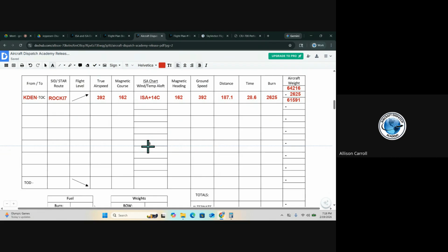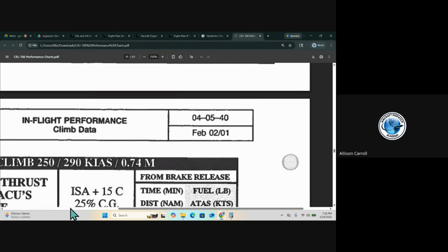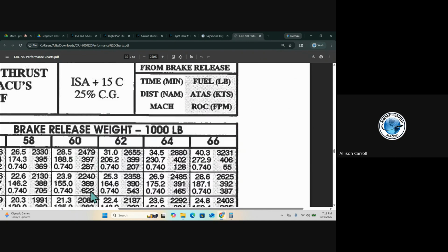We just don't torture you like that. We teach you the basic process of finding the climb numbers and doing performance for the cruise portion and finding the descent numbers. And we get those numbers, the climb and the descent, straight from the performance charts for the CRJ 700.